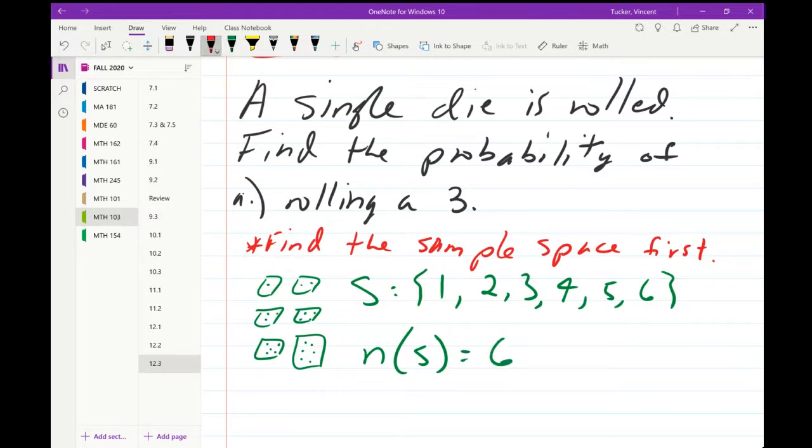Also, don't confuse this 6 and this 6. If that was 1, 2, 3, 4, 5, and a triangle, in other words five numbers and a triangle on one side of the die, the number of outcomes in my sample space would still be 6. So those two sixes have nothing to do with each other. This just represents the number of outcomes in the sample space.